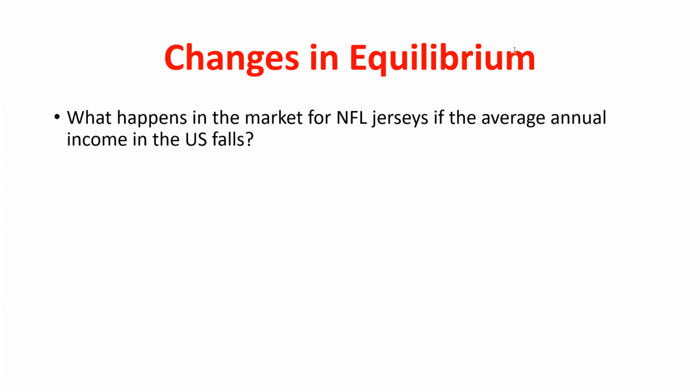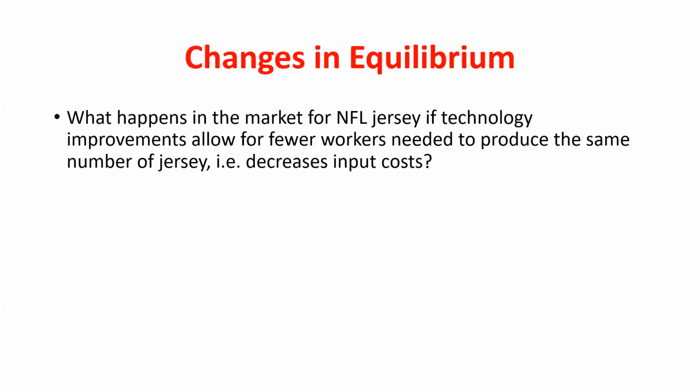So the next thing we'll think about is, what if there is a technology improvement in the production process for these jerseys? And I even kind of gave you, remember, technology improvements decrease our input prices, okay? So now we're thinking about what that looks like. All right, so here we've got quantity, price.